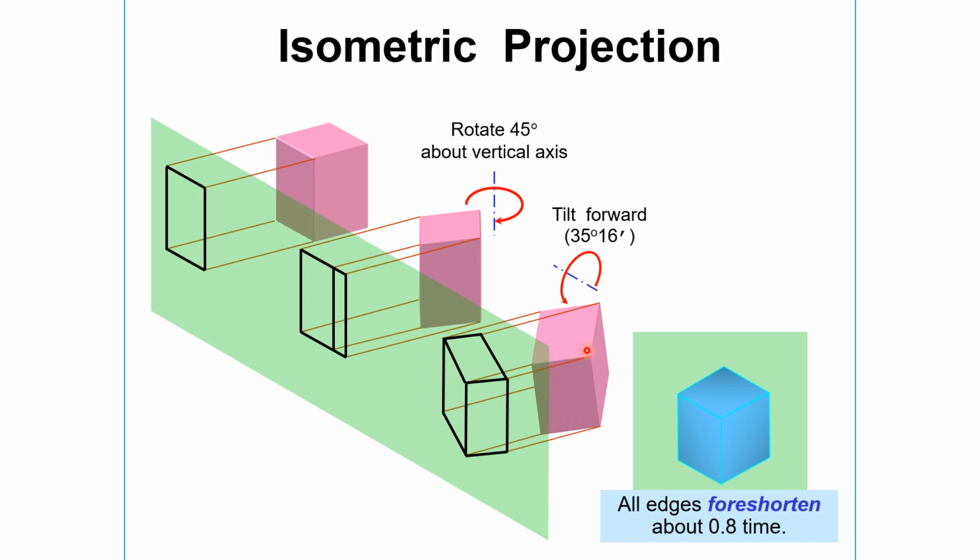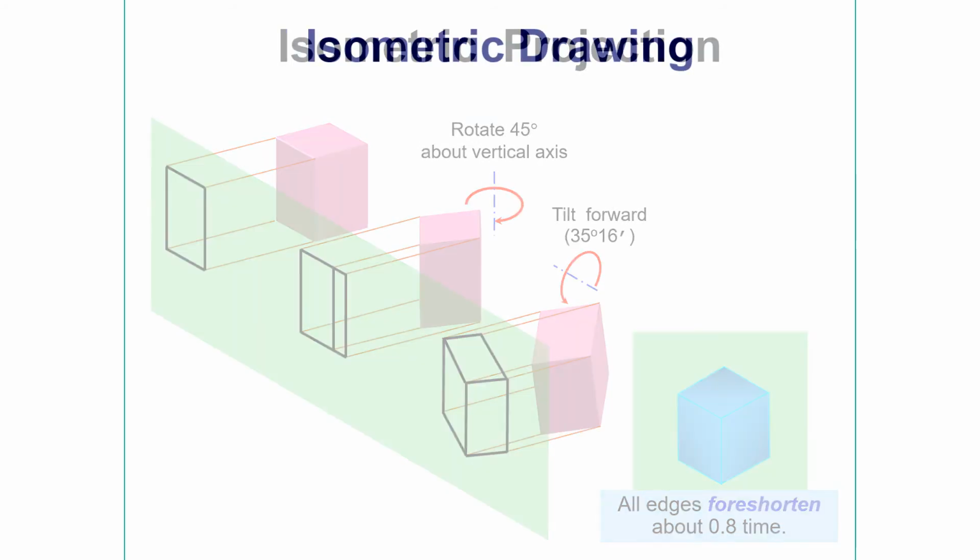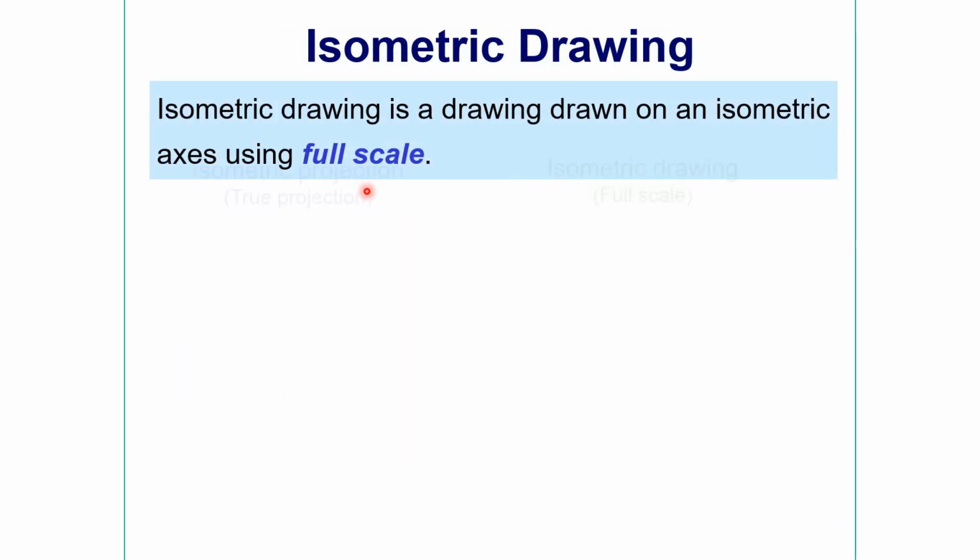When we draw the isometric projection, all the edges are foreshortened by about 0.8 times, meaning these dimensions are approximately reduced by 0.8 times. So isometric drawing is a drawing drawn on an isometric axis using full scale. What I mean by the previous slide, I will discuss now.